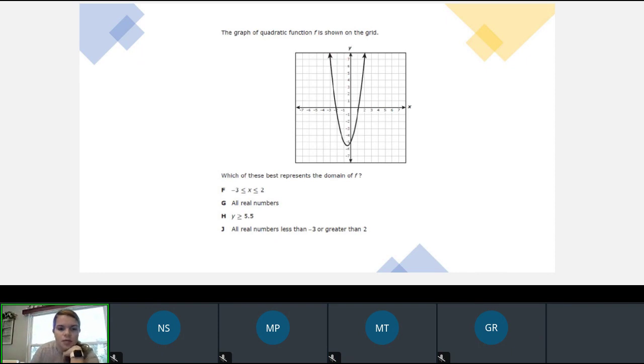All right, so if we're talking about the domain, we want to find the left and the right. So this is our left endpoint, this is our right endpoint. But what do you notice that's different about these endpoints that wasn't on any of the graphs before?